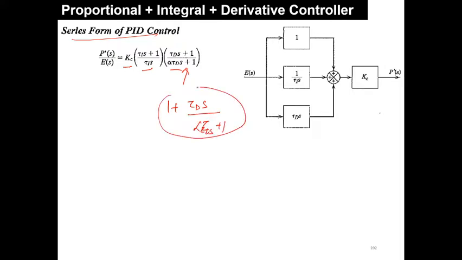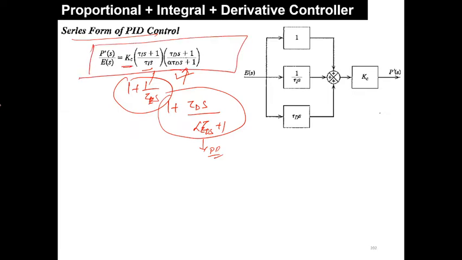This is one form of the derivative controller. Then 1 upon 1 plus tau I s is for the integral controller, and this is the proportional controller. When we multiply all the controller transfer functions, proportional, integral and derivative, it becomes the series form of the PID controller.